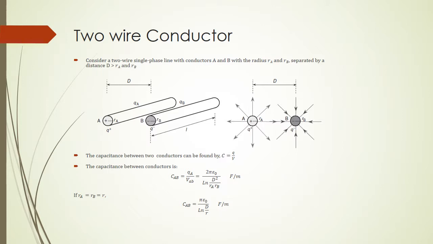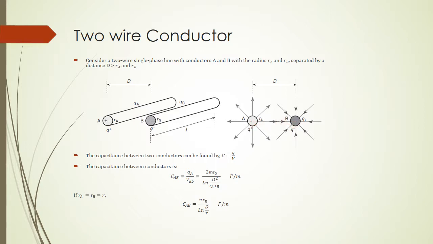So let's start with a two-wire conductor or single-phase transmission line. The two wires have radii RA and RB, and the distance between them is D. First, we calculate the electric field intensity between them, and then integrate to find the voltage.